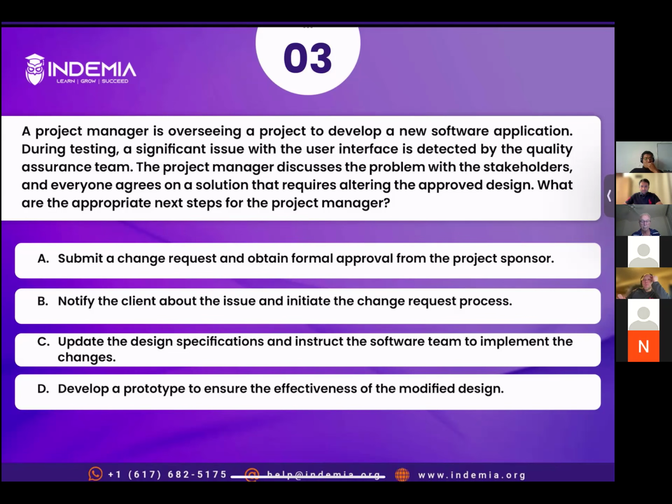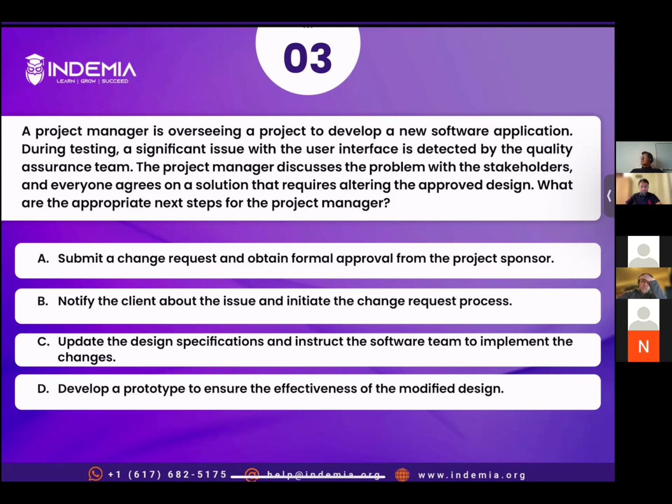All right. Daniela, you have chosen option A. Yes, so the client is already aware because that has been discussed with the stakeholders. So the client must know about what's happening and already has agreed that we need to alter the design.